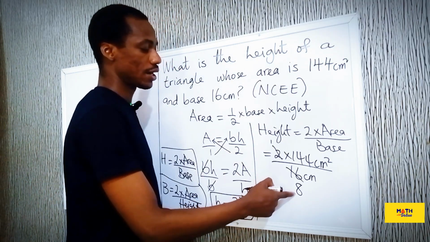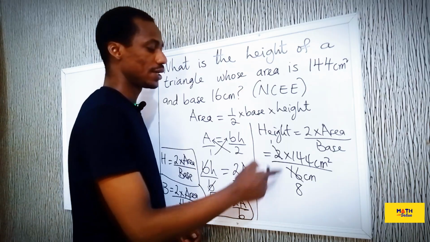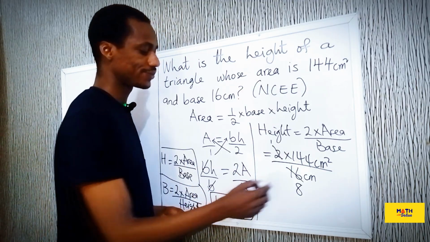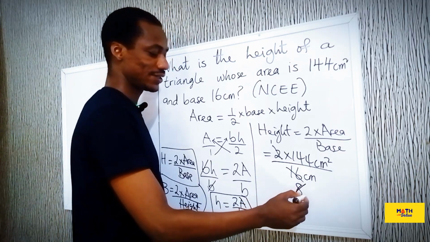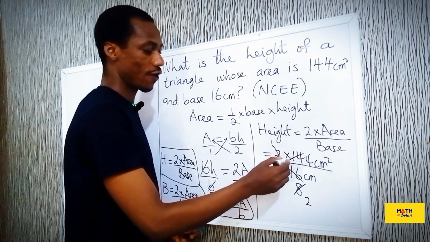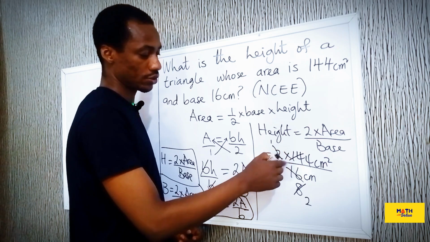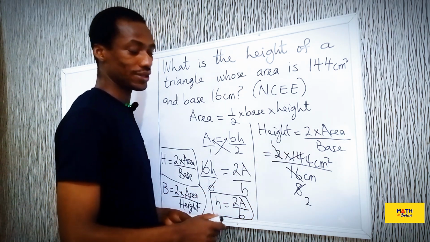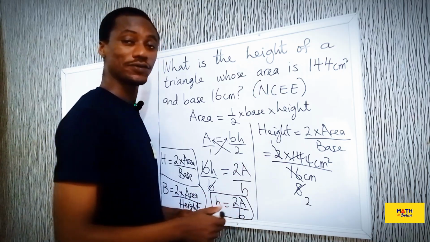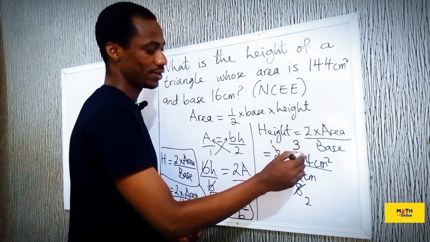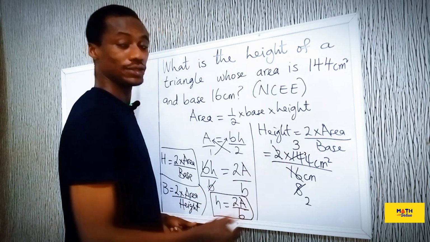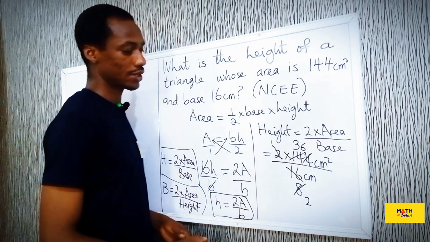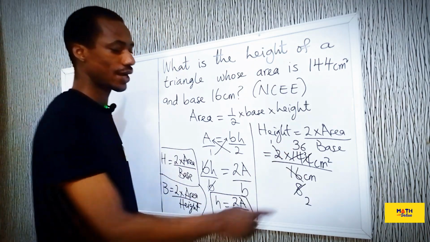Then I know that 4 can go in 8, and 4 can go in 144. So 4 goes in 8 is 2, and 4 in 144: 4 in 1 is 0, then to the next digit you have 14, and 4 in 14 is 3, remainder 2, and 4 in 24 is 6. So I'm left with 36 divided by 2.